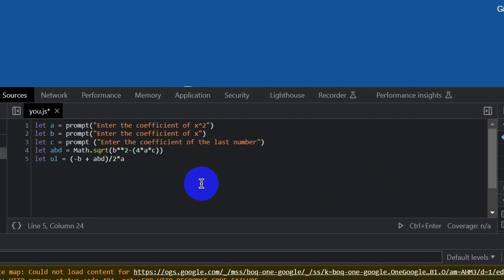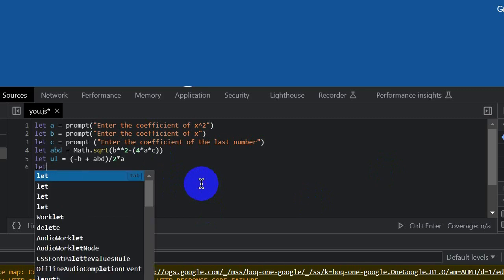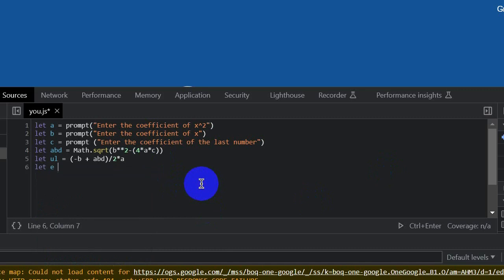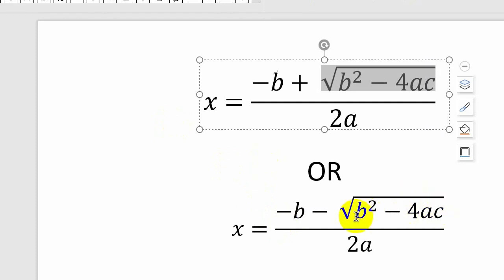What I'm going to do, let me just use a normal letter. Let e is equals to, we're going to copy this thing right here. We're going to put minus for this other equation. We know it's minus, I said it's plus, it's minus.